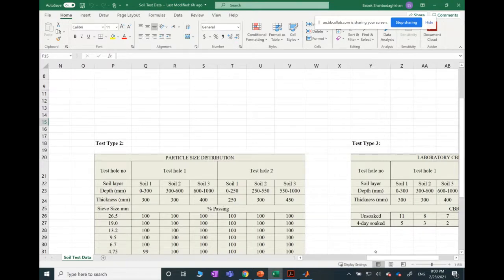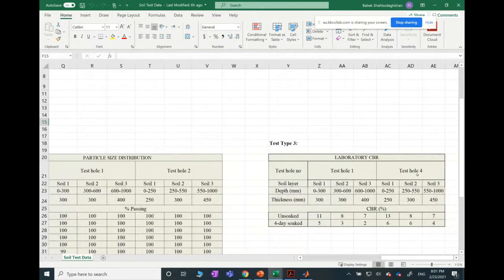So I think I already answered the other questions, but now let's get back. How can we define the drainage condition for borehole 4? Again, you need to decide about unsoaked or 4-day soaked based on the environmental condition of the project.